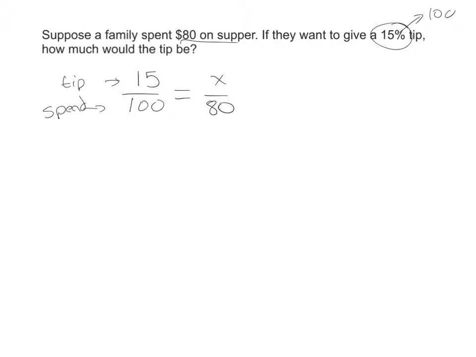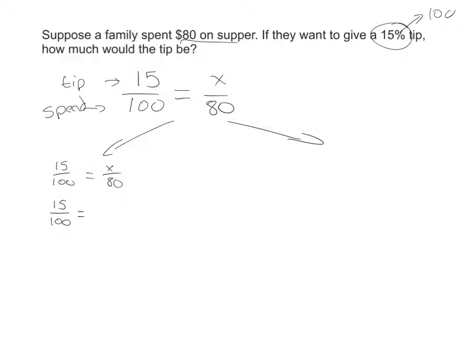Here are two different ways for us to solve it. I'm going to let you pick which way you like best. The first way, we have 15 over 100 equals some amount over 80. One way we could do this is by first writing 15 over 100 as a simpler fraction.